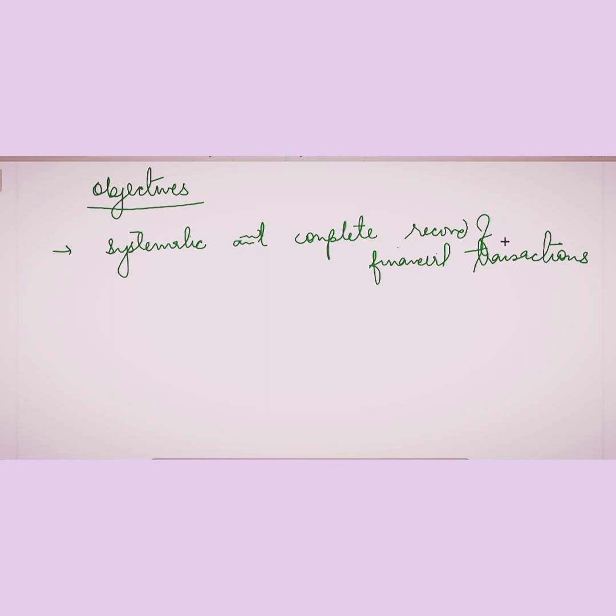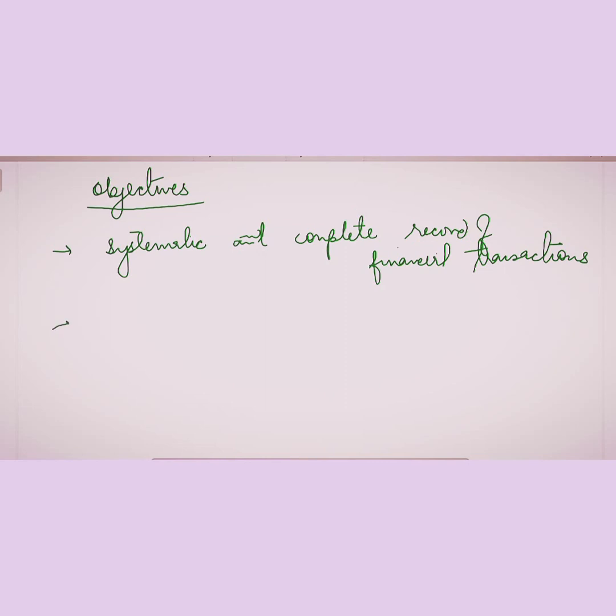The first objective helps to keep all the transactions in a very systematic and complete order, in chronological order. So the first objective is to record the transactions in a systematic manner.